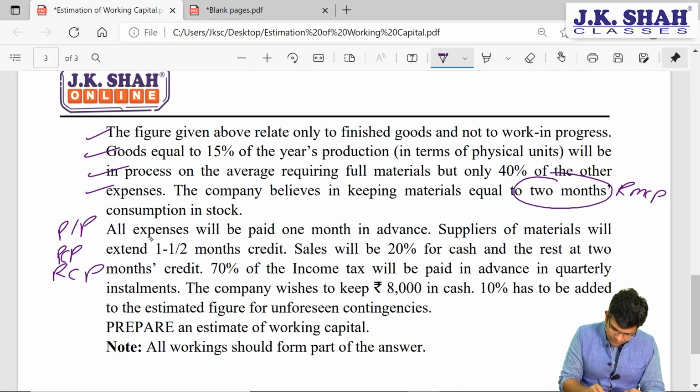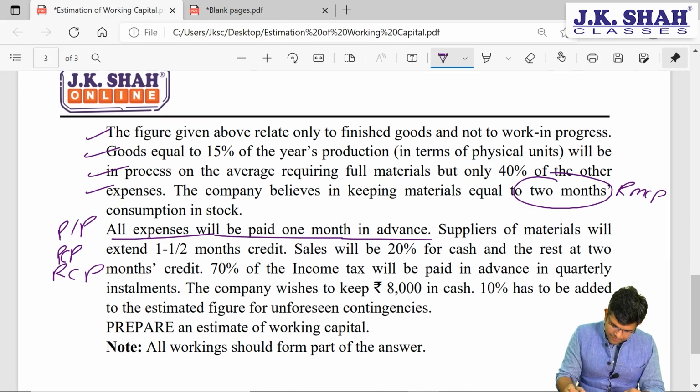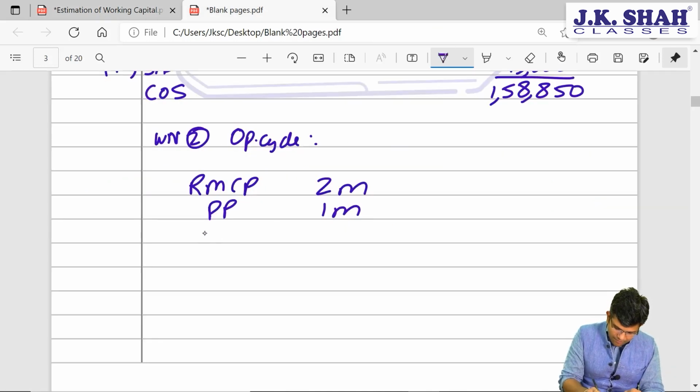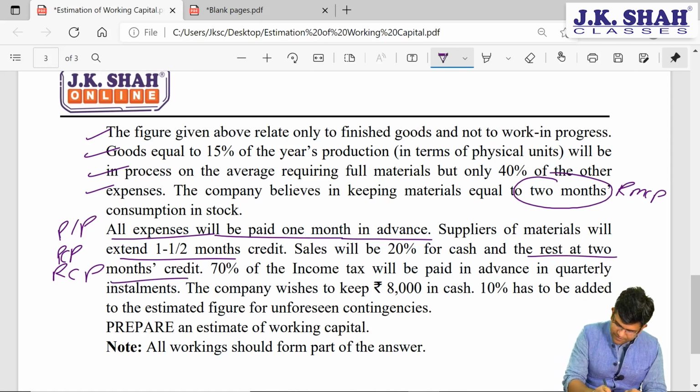Then students, we have got all expenses will be paid 1 month in advance. So can I say prepaid expenses 1 month? Then children, we have got suppliers giving us 1.5 month credit. So the payables conversion period will be 1.5 months. Then we have the debtors to whom we are giving 2 months credit. So RCP will be 2 months.